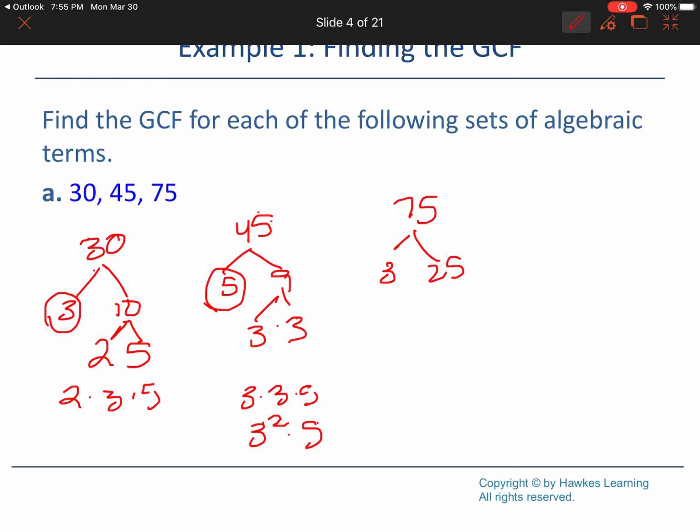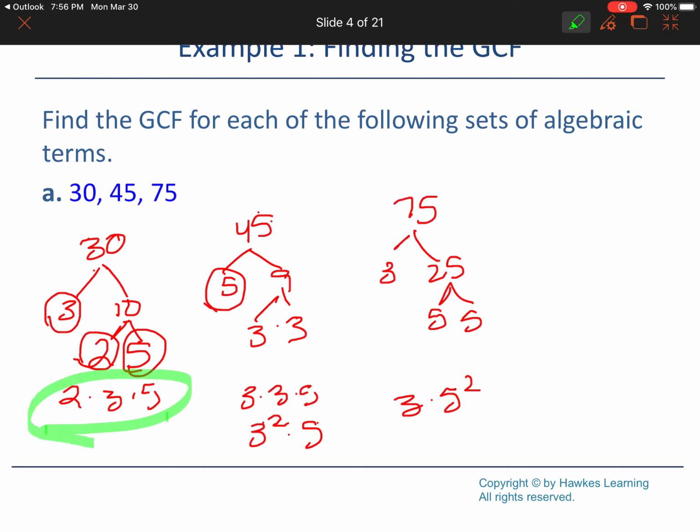That is going to be 3 times 25. 3 is already done. And 25 is 5 times 5. So you've probably done these trees before, but you're always trying to get every branch down to a prime number. And when you do, that prime number becomes part of your primes. So this one is going to be 3 times 5 squared.